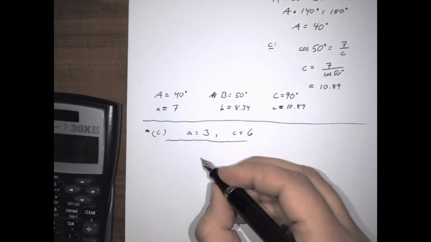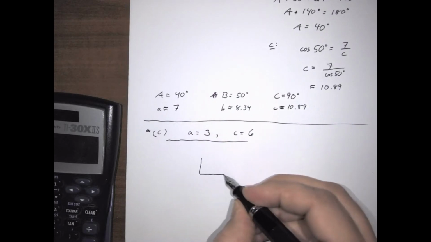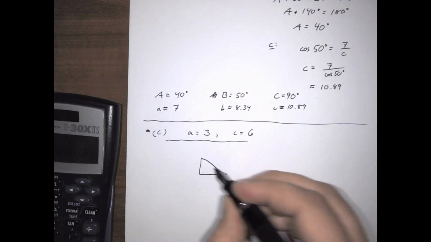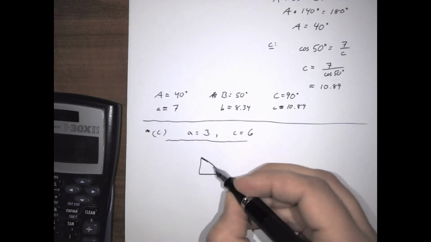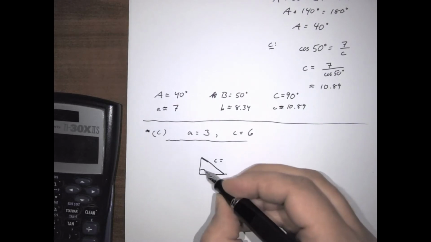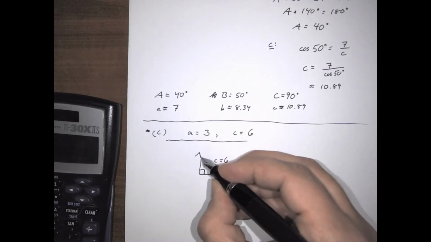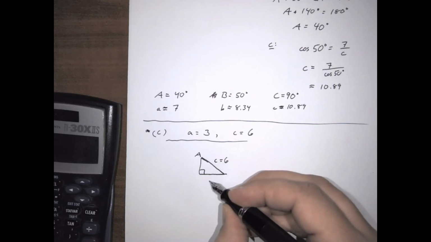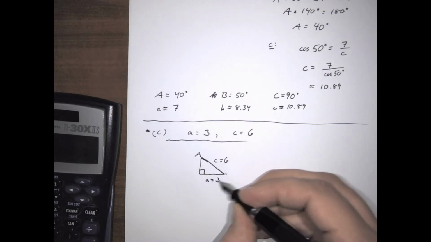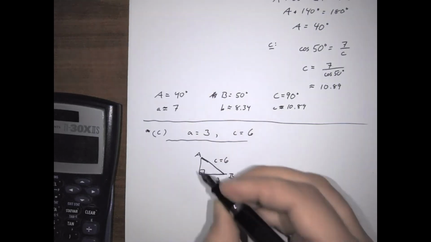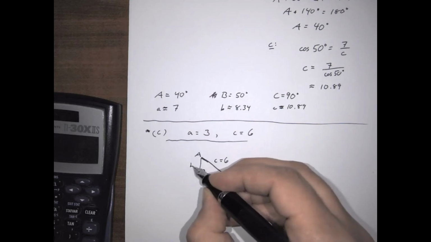Once again, just draw a quick little schematic and decide what you're going to call what. So c equals 6. If I decide to call this one A, this one would be little a, this would be B, and then this one would be little b.